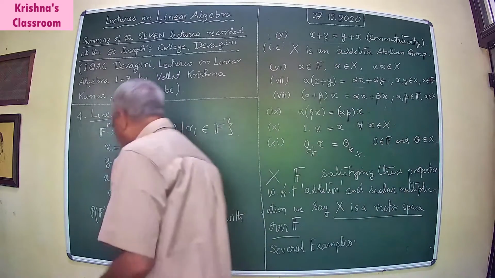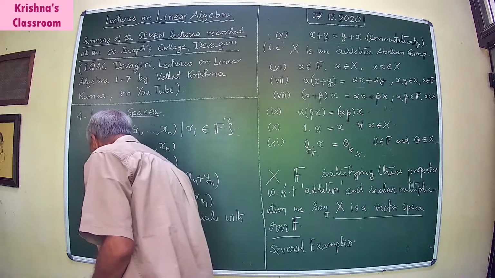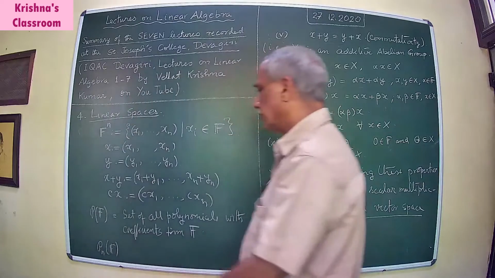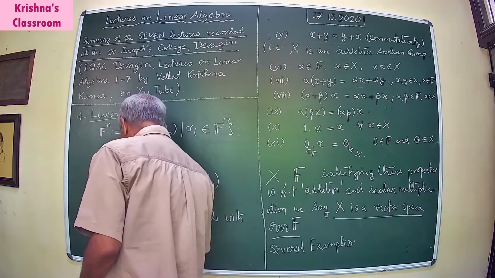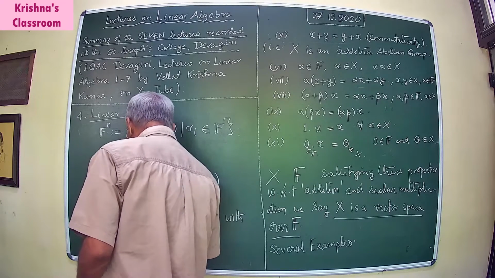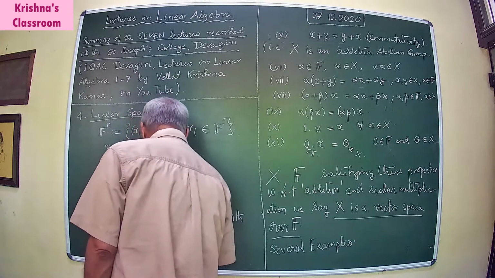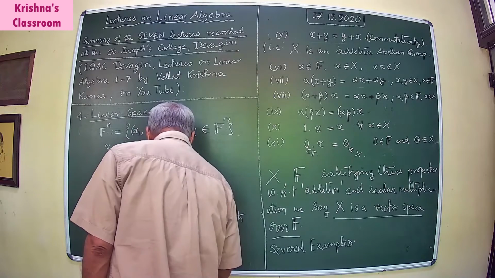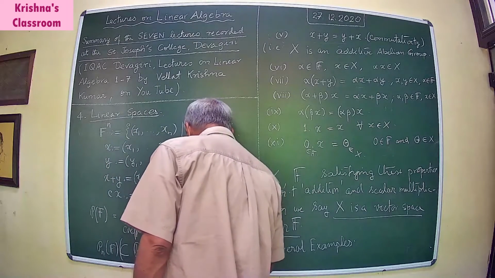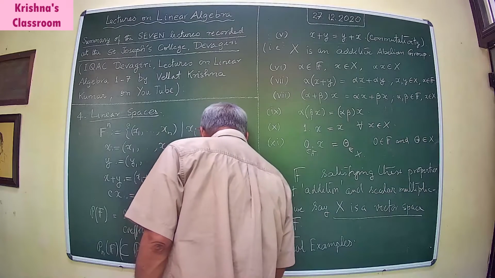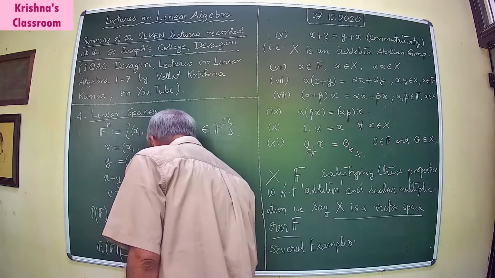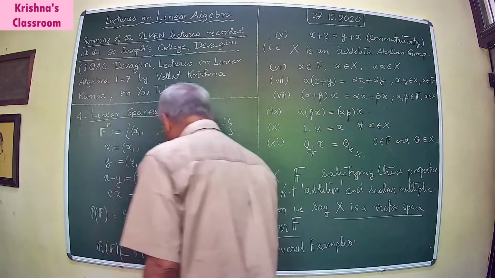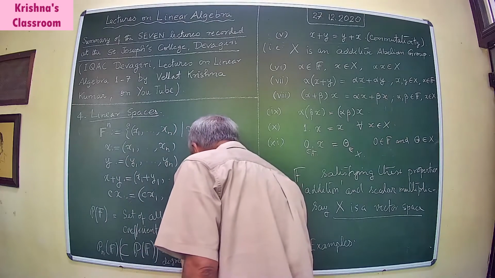Specifically, suppose you write Pn as the set of all polynomials of degree less than or equal to k, including the zero polynomial.